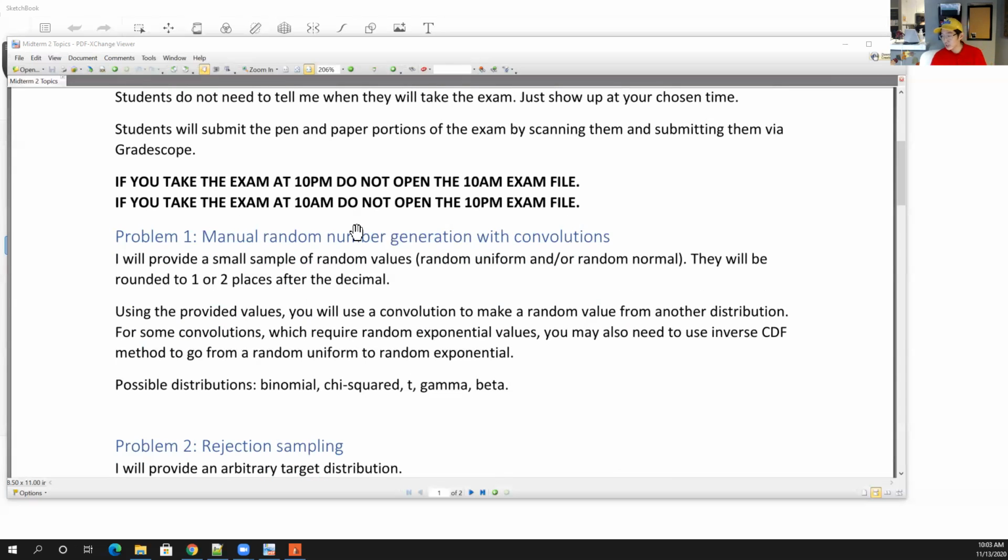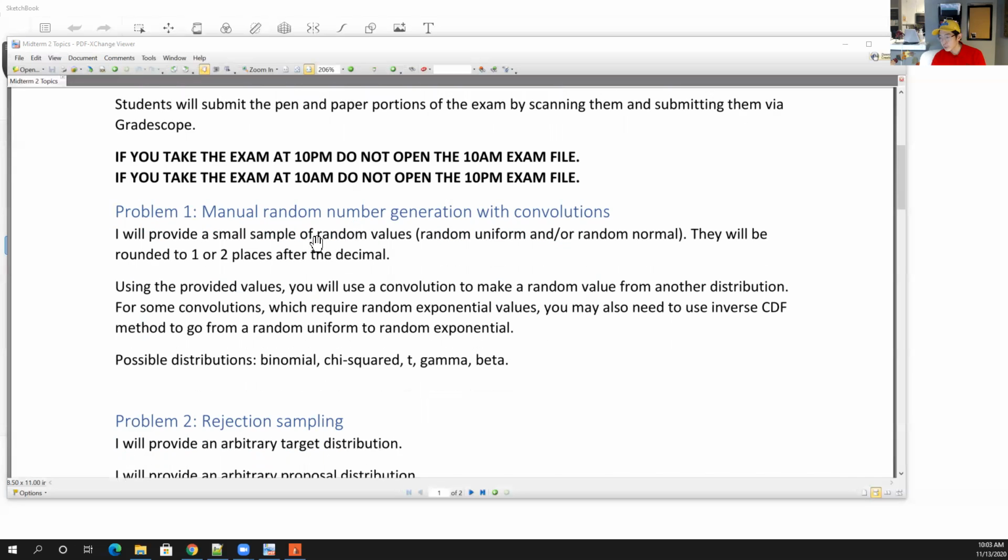Okay. All right. So this is what I've written down. Number one is going to be random number generation with convolutions. I'm going to provide a sample of random values, like 4 random uniform numbers. And you'll turn those numbers into values from a binomial distribution, or from a chi-squared distribution or gamma distribution or something like that, okay?